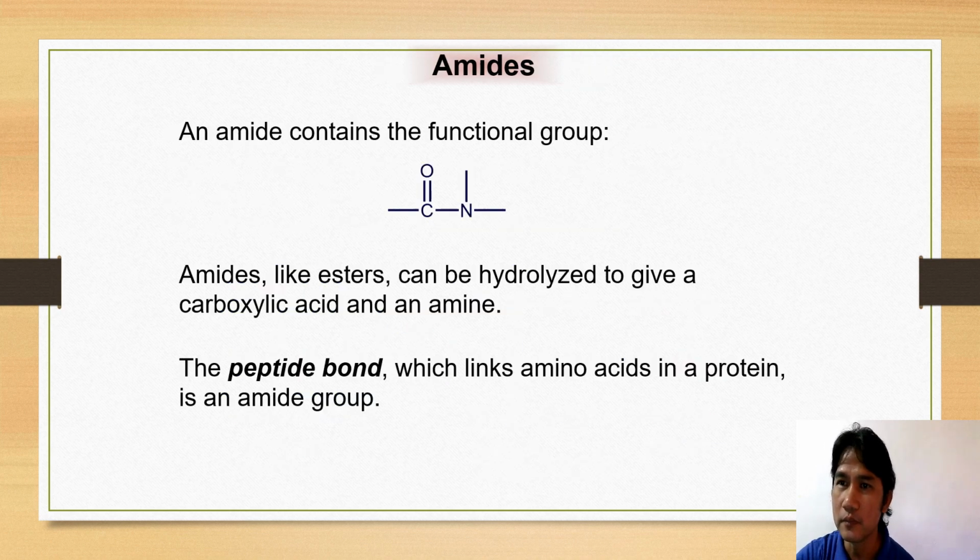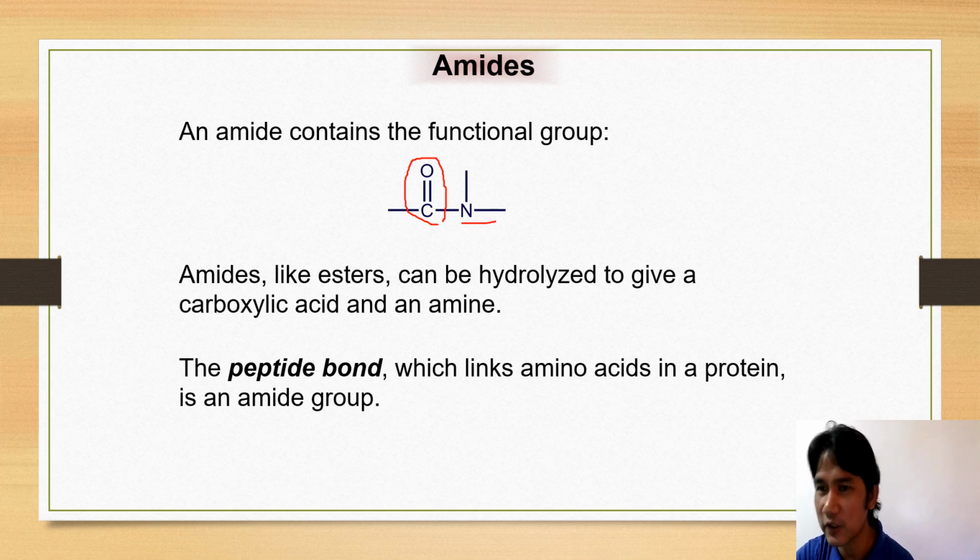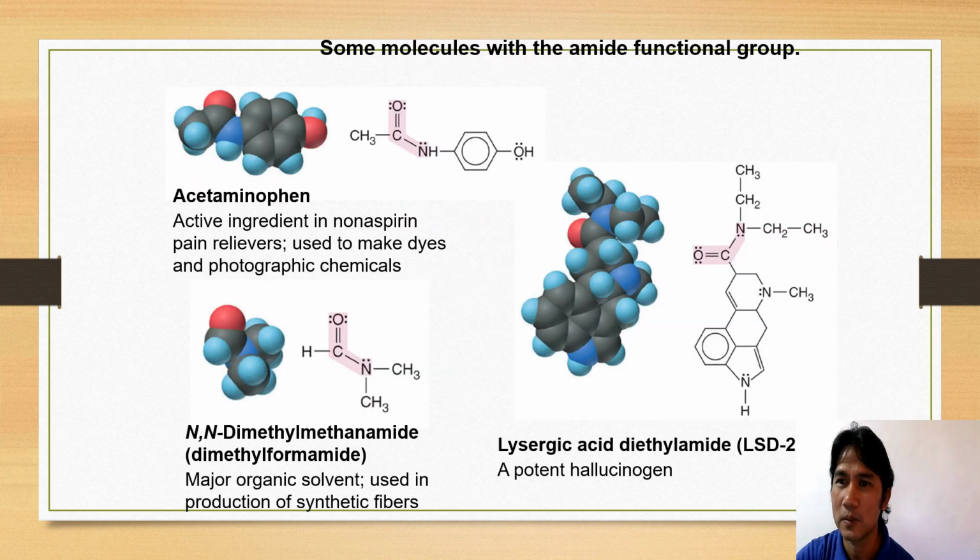Then amides, as I said earlier, contain nitrogen bonded to a carbonyl group. These amides are encountered in proteins. Amino acids in proteins are linked together by amide bonds.